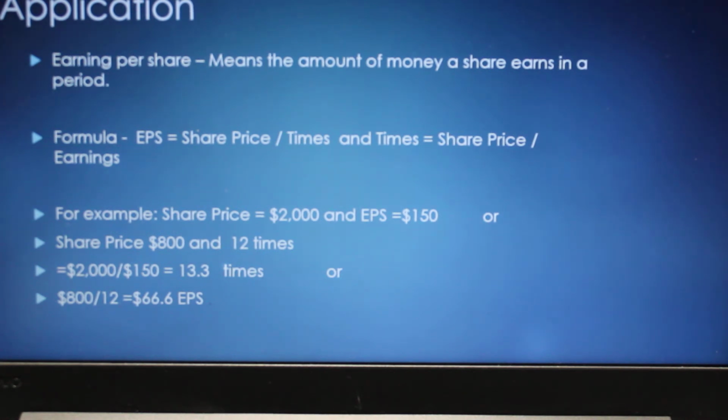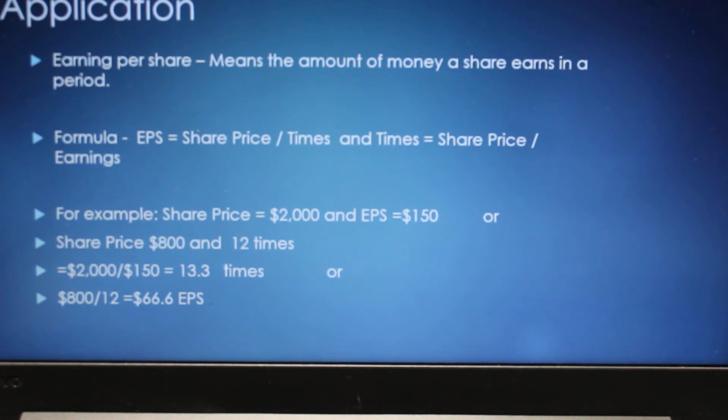If we were to look at another example where the share price is 800, but we worked out that the times is 12, then 800 divided by 12 will give us the earnings per share of 66.6.